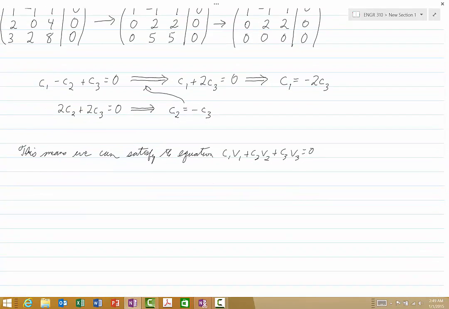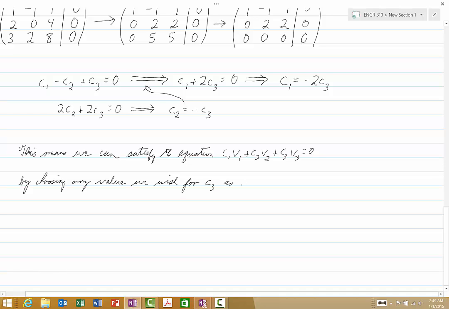We can satisfy that equation by choosing any value we wish for C3 as long as we then choose C2 equals negative C3 and C1 equals negative 2C3.